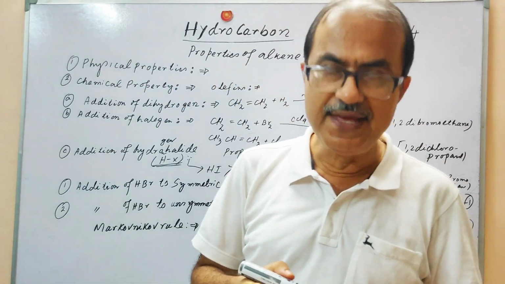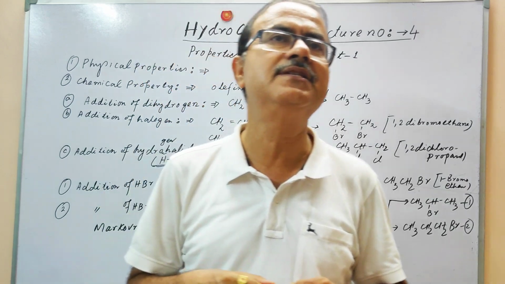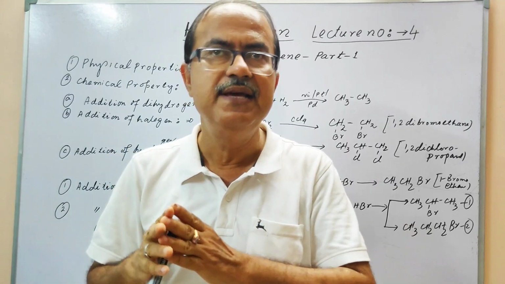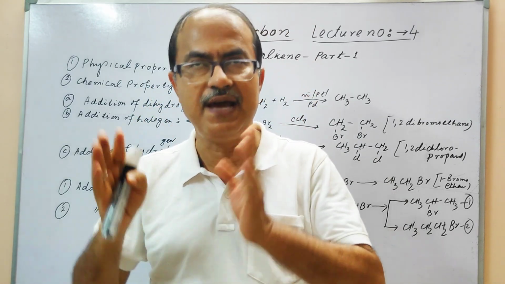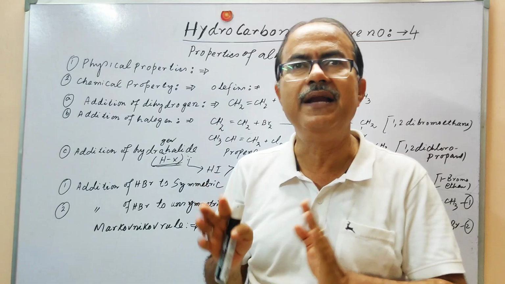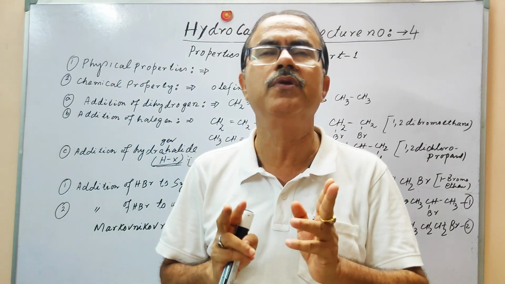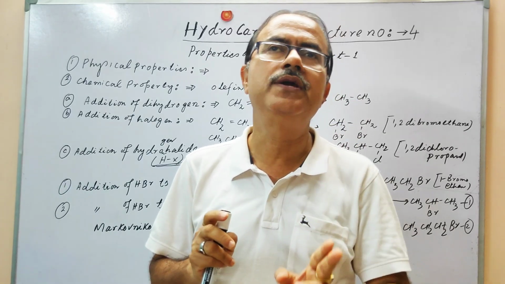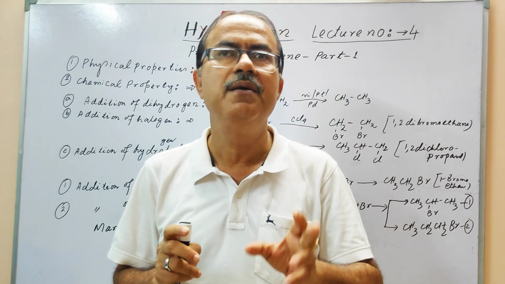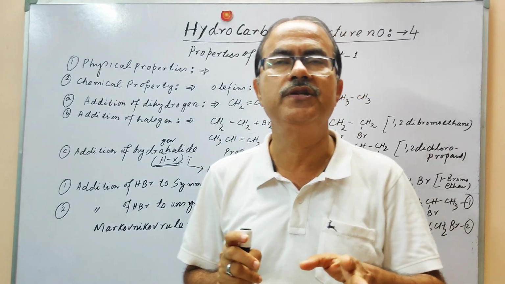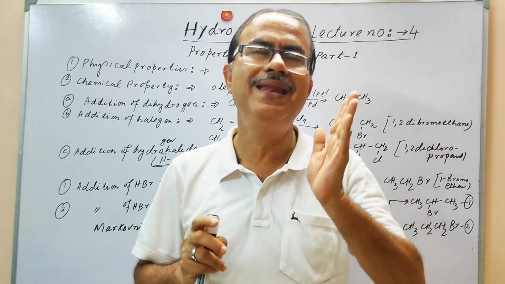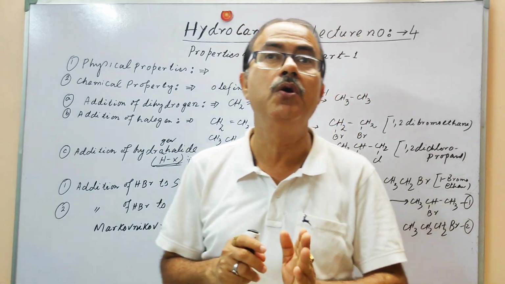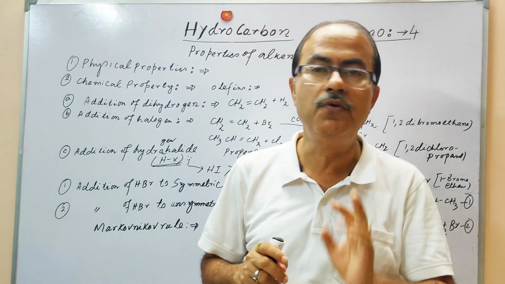Markovnikov said, when there is addition of a molecule having one positive part and one negative part, the negative part of the adding molecule will be attached to that carbon atom which has the lesser number of hydrogen atoms, or we can say which is highly substituted by other groups, not hydrogen.